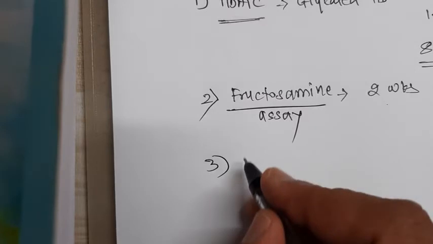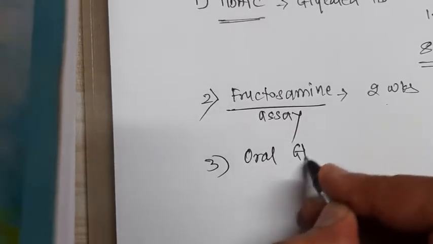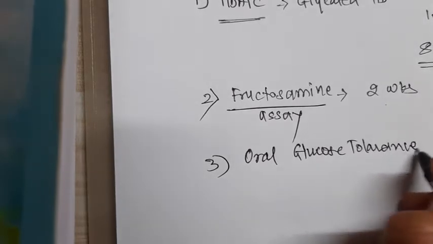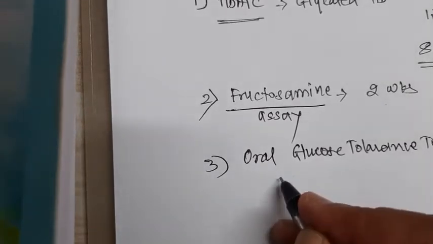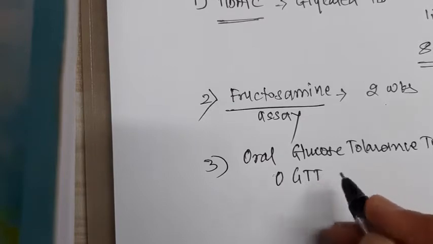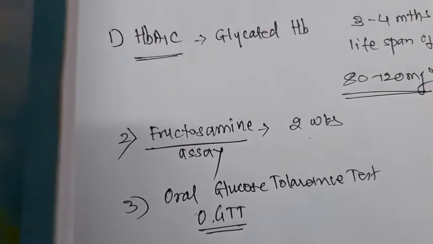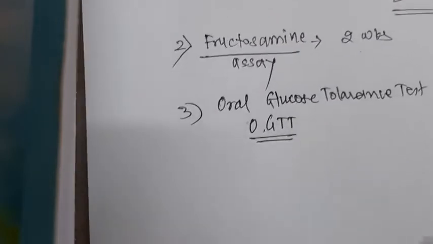Besides this, there is the oral glucose tolerance test, or OGTT. This test is generally performed in human beings and also in dogs.